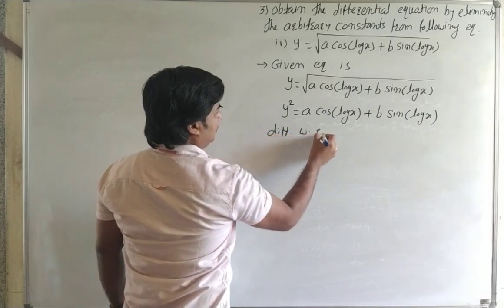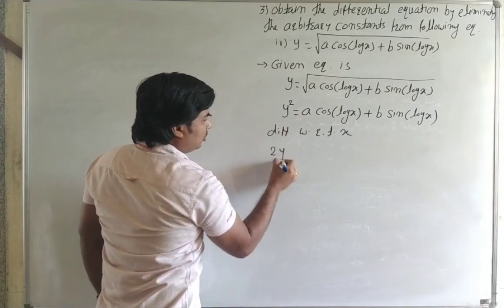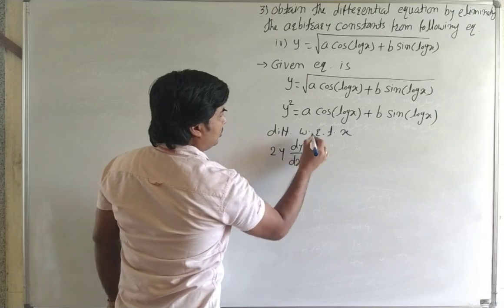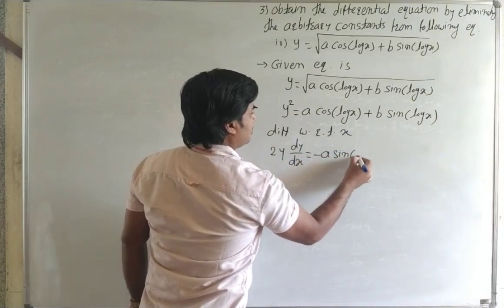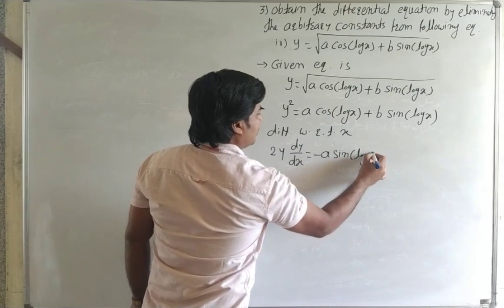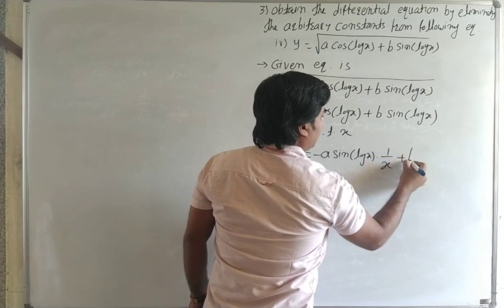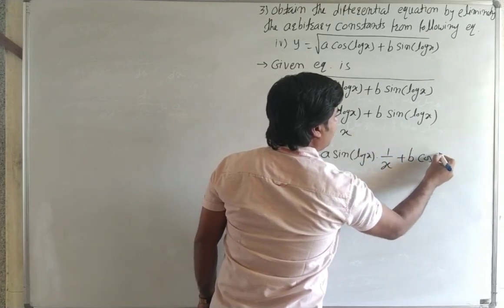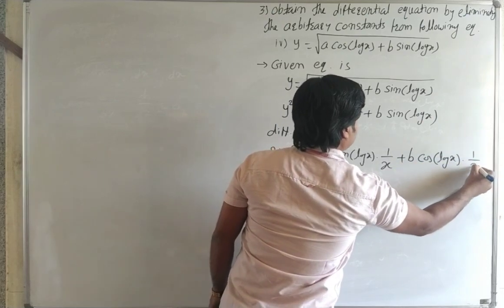The derivative of y squared is 2y dy by dx, is equal to minus a into sine of log x into derivative of log x, which is 1 by x, plus b into derivative of sine of log x, which is cos of log x into 1 by x.